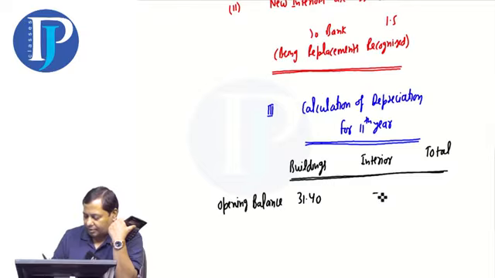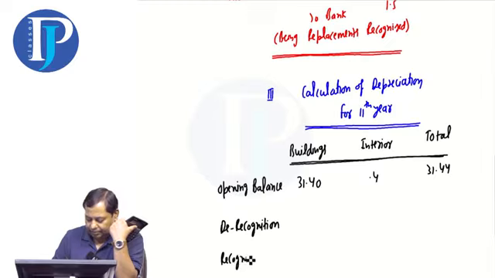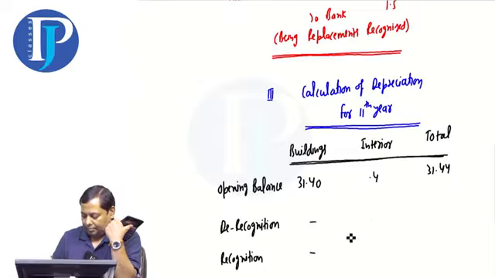Derecognition. We removed 0.4. We recognized 1.5.